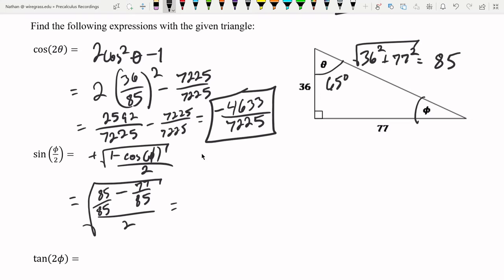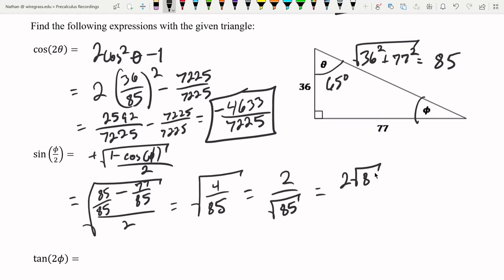Then divided by 2 is going to be 4 over 85. And the square root of top and bottom is going to be 2 over root 85, which is the same thing as 2 root 85 over 85. And that's our answer for that one.